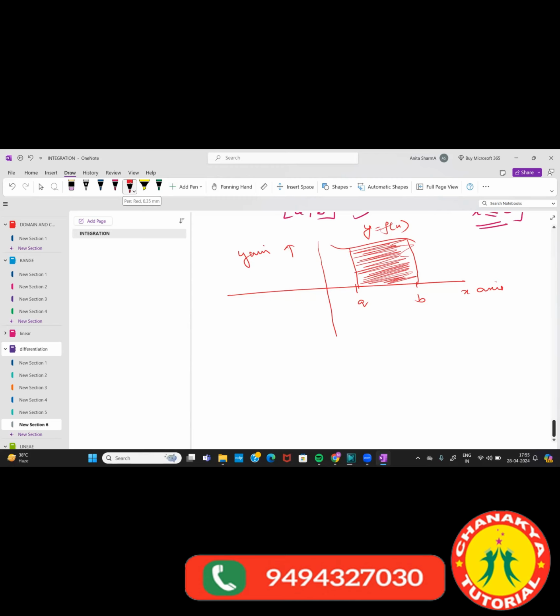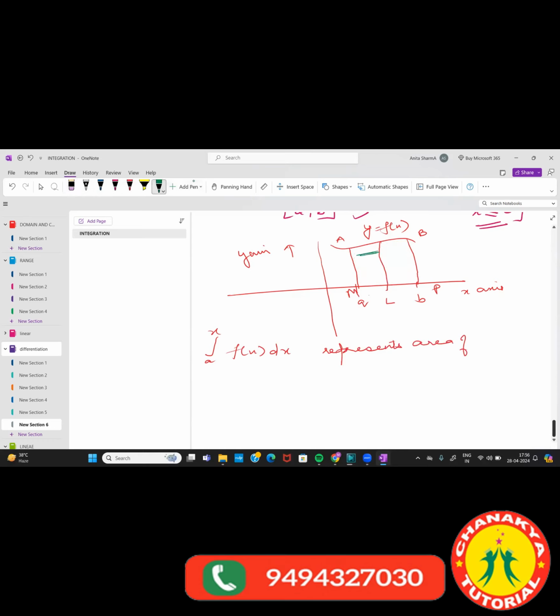Now suppose there is a point L. This is your point P. This is your point M. This is A and this is B. Okay. So the integral from a to x of f(x) dx represents the area of the shaded region.